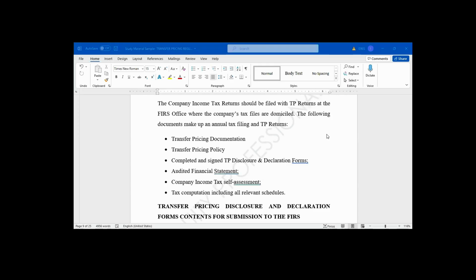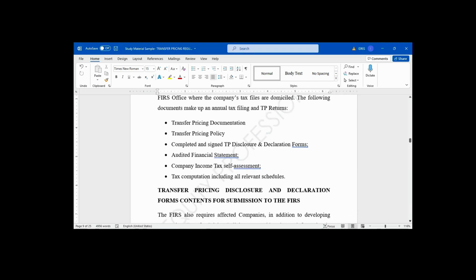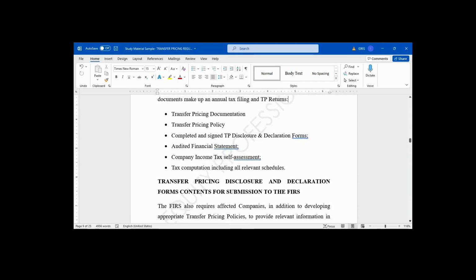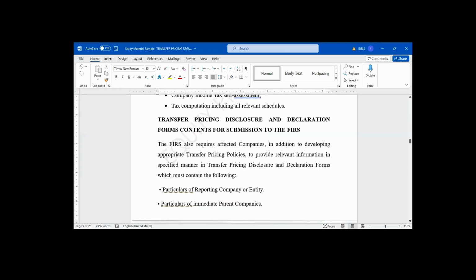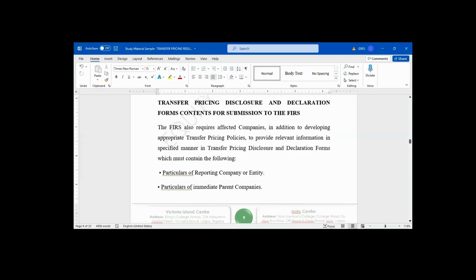However, if you want to submit your transfer pricing disclosure or declaration form to FIRS, what are the documents that you need to attach? What is the information that will be in your transfer pricing disclosure or declaration form?